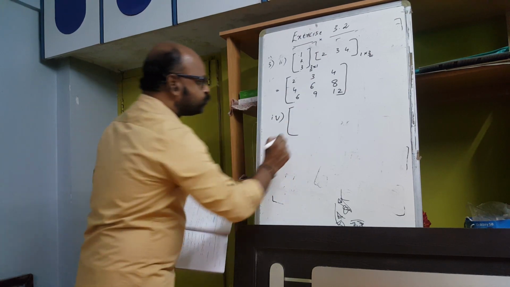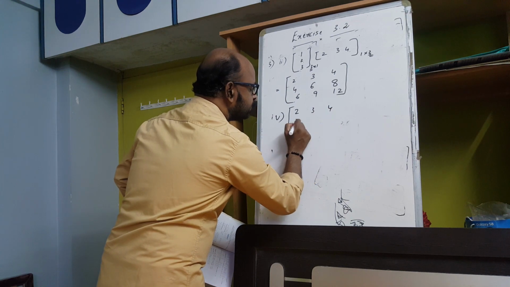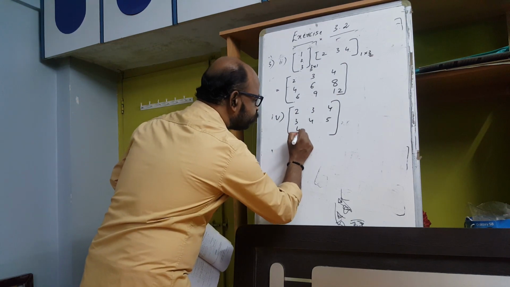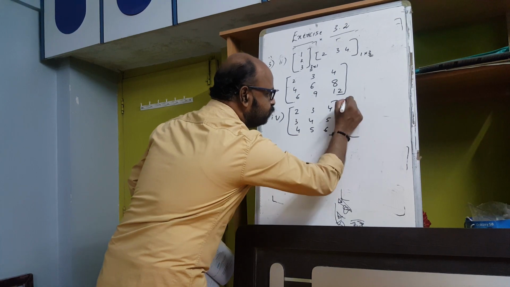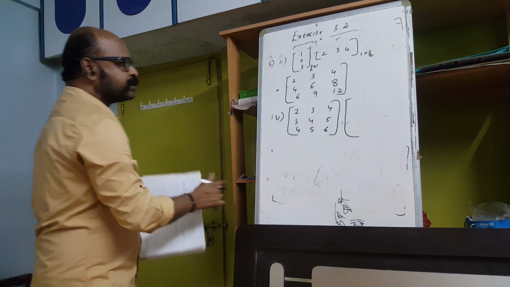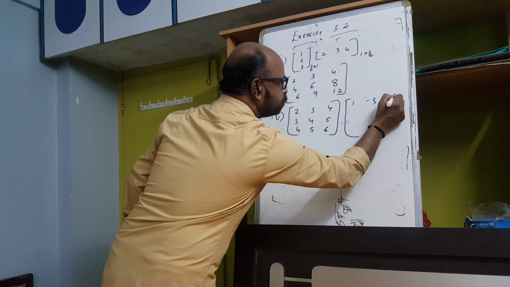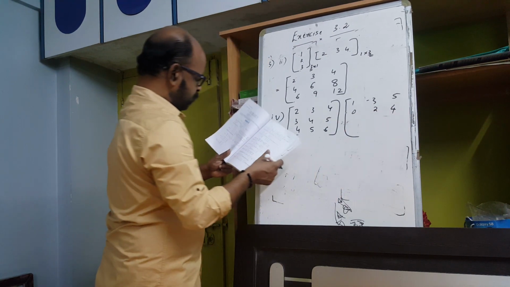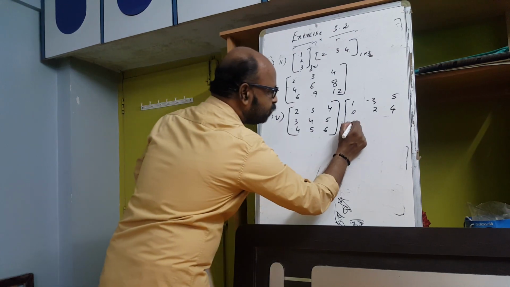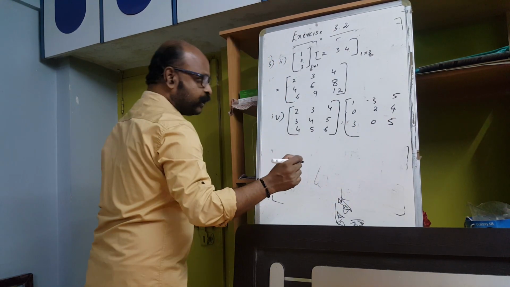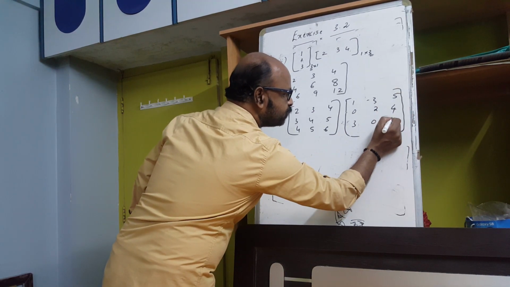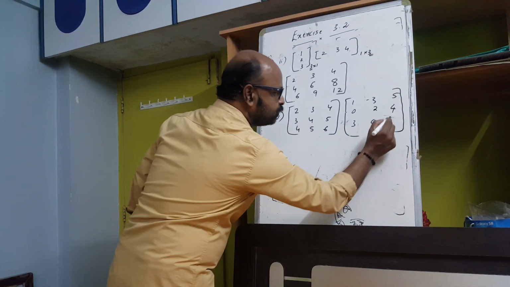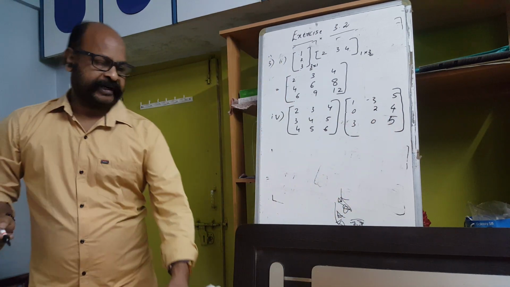The first one is 2, 3, 4, 3, 4, 5, 3, 4, 5, 6 into the matrix 1, minus 3, 5, the matrix 0, 2, 4 and the matrix 3, 0, 5. We have to obtain the product of these two matrices.